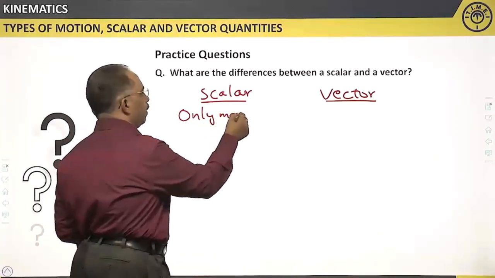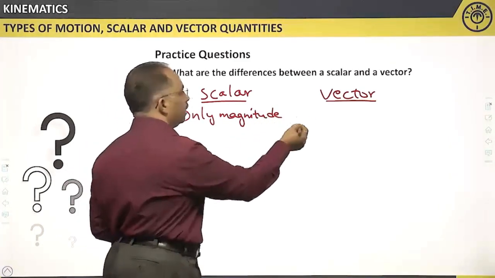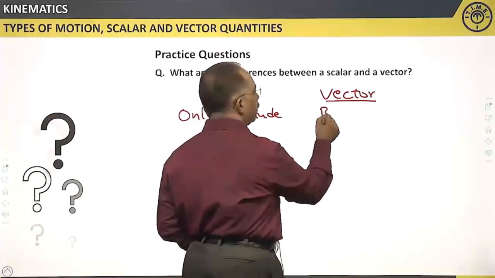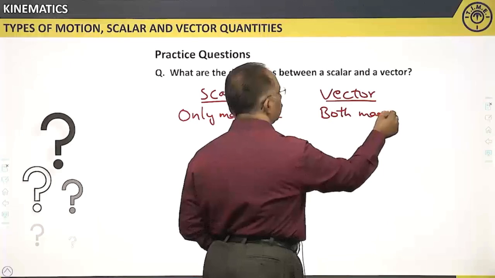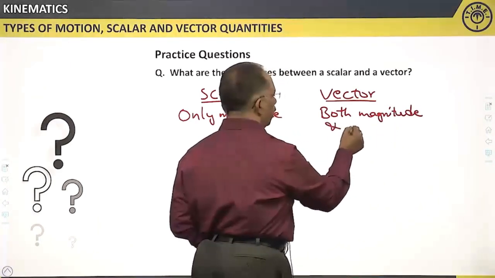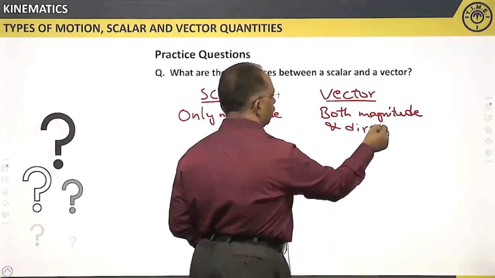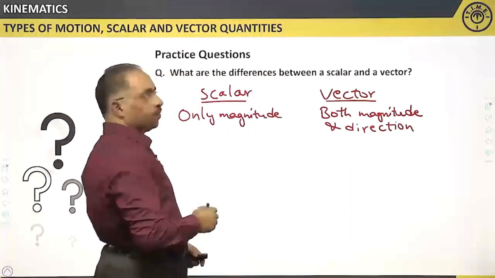Only magnitude is enough to describe it. Whereas vectors require both magnitude and direction. These two are required. Okay, that is one thing.